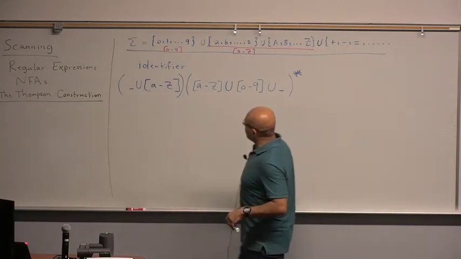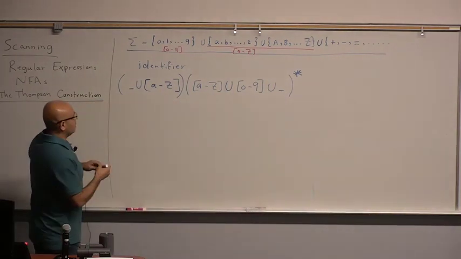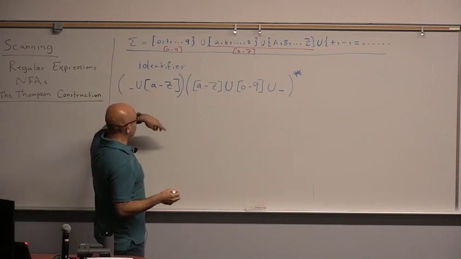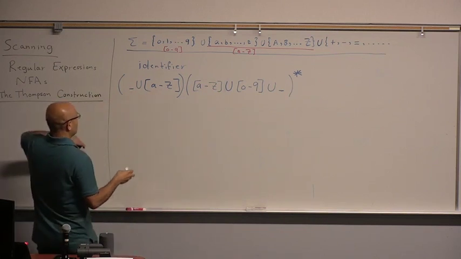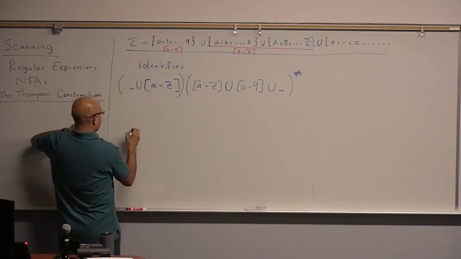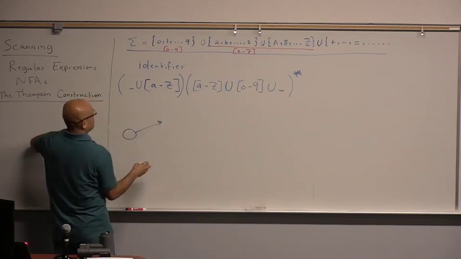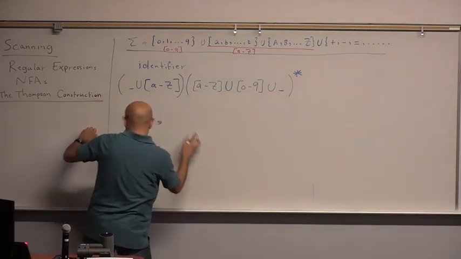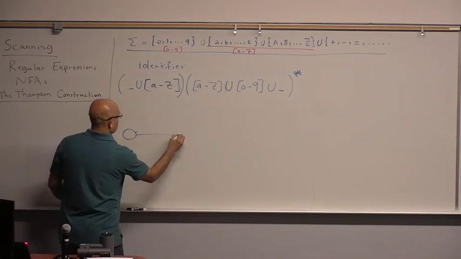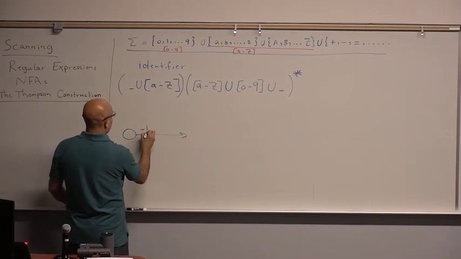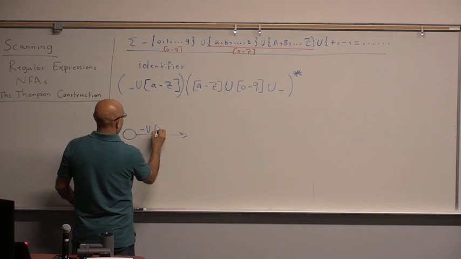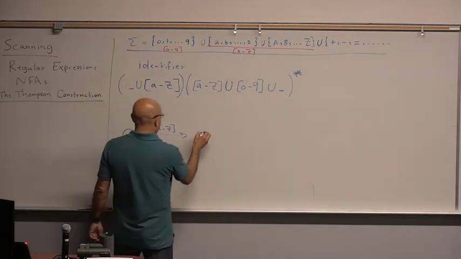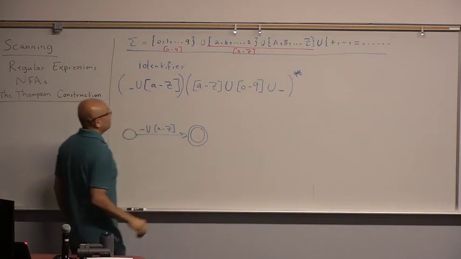All right. So the identifier starts with an underscore or a letter. Then you can have as many letters and numbers as you want. The corresponding NFA here is: you start with an underscore or A to Z, and then this is an accept state, right?